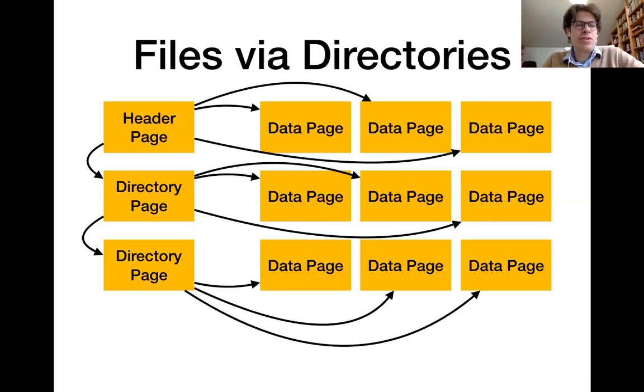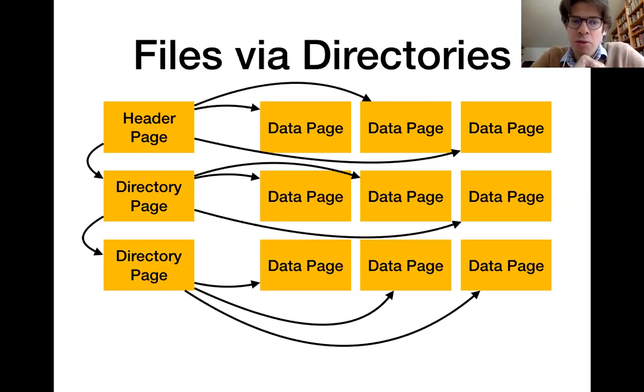And those directory pages would also store some metadata indicating, for instance, how much free space is left on certain pages. So here, if I want to insert something, then I can mostly go through the directory pages in order to look for suitable data pages on which I have enough free space available.